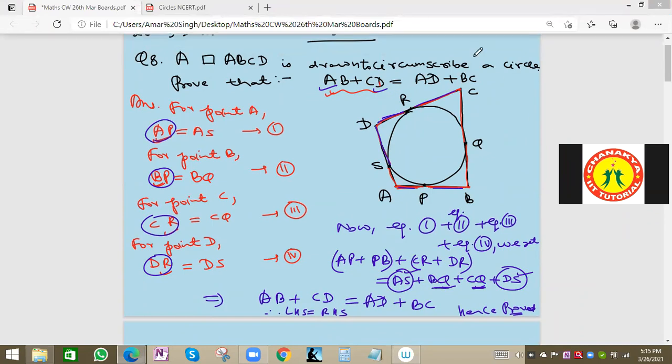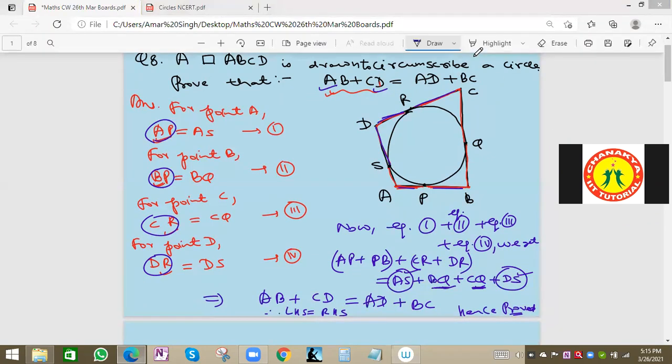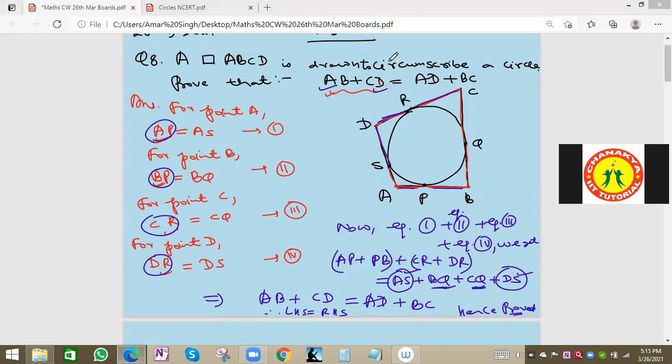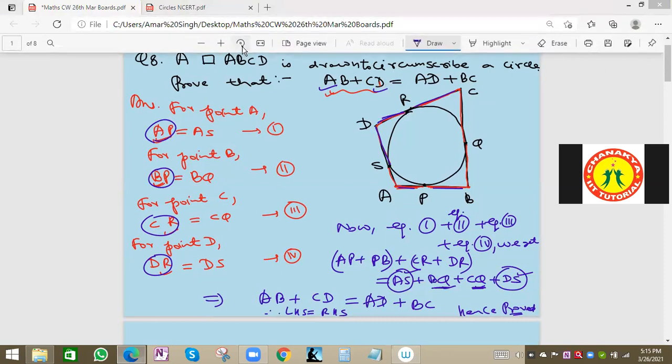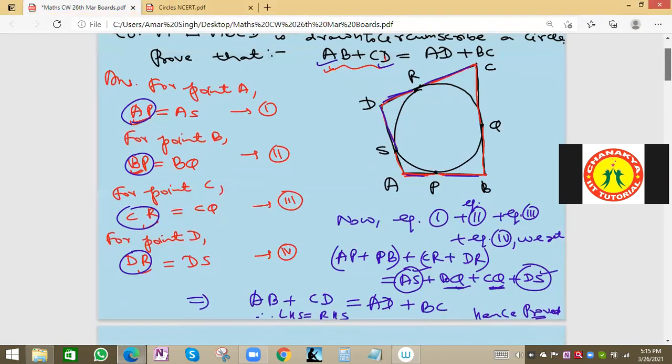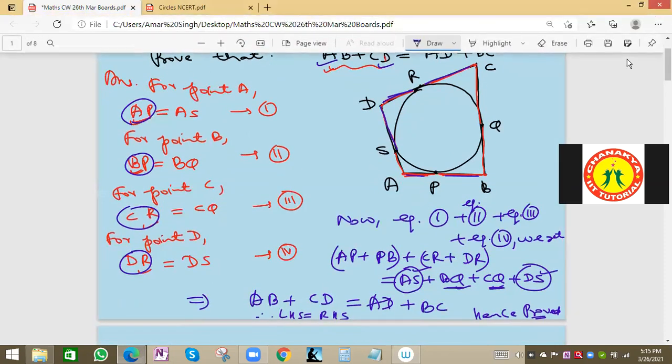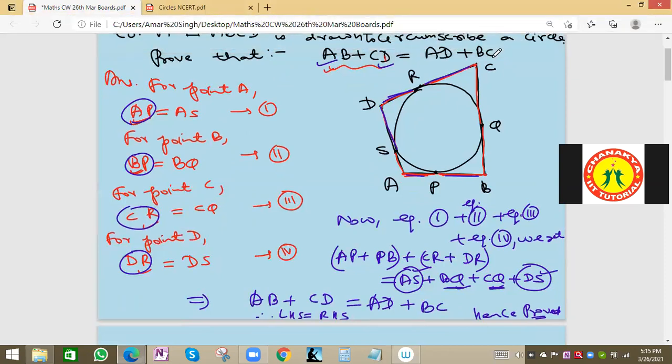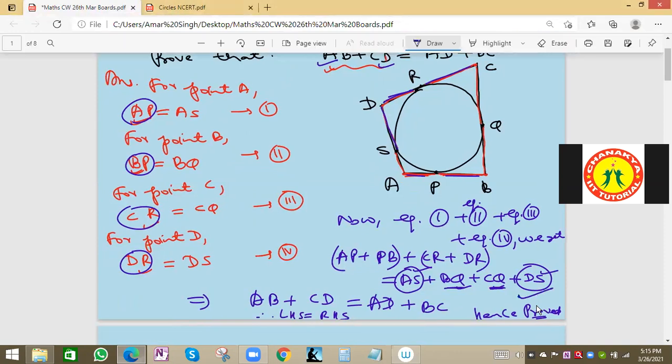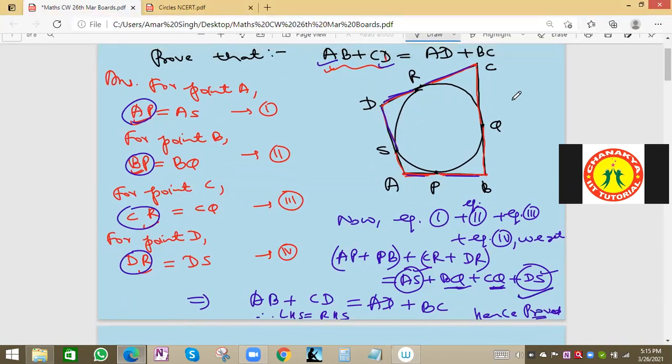Please note the solution, those who couldn't solve this question. Note the solution. This was question number 8. No need to send, because you can match from here. If it's matching with your answer, then you can mark a tick, correct sign, in your notebook.